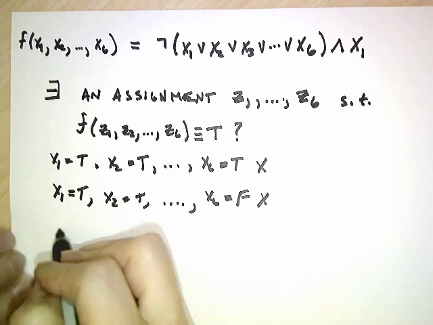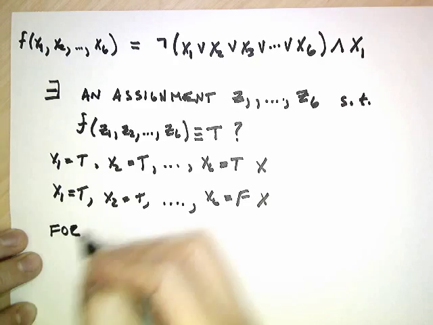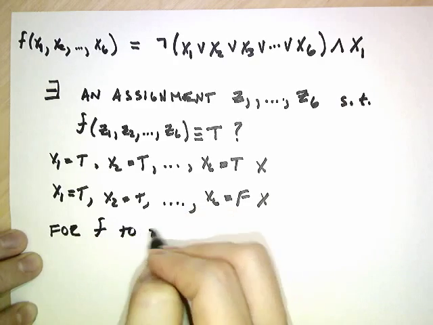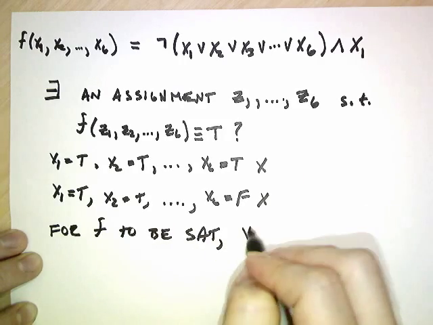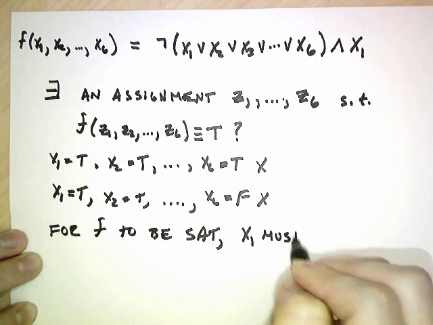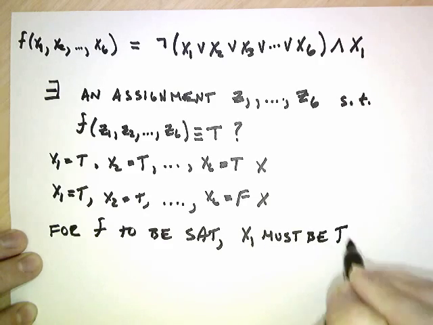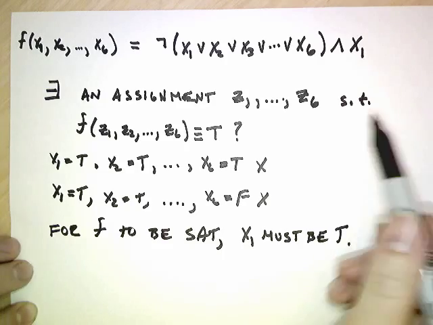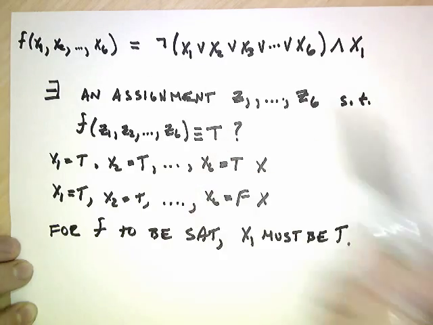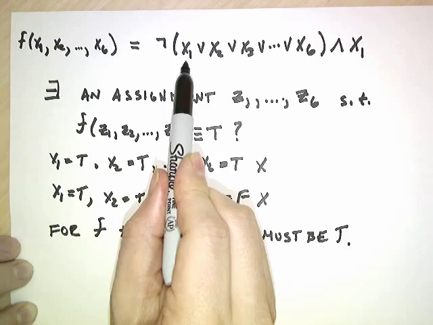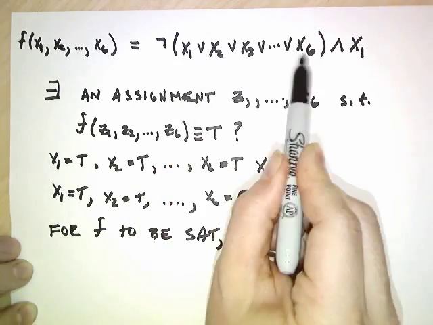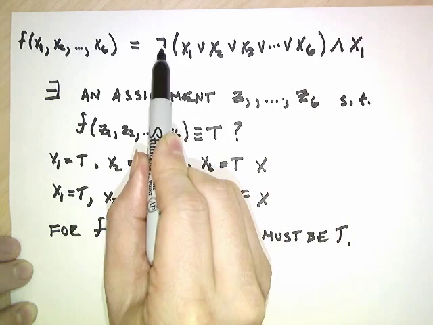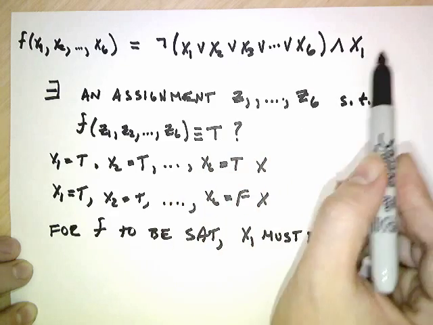So for f to be satisfiable, x1 must be true. We just deduced that, because if it were false, the entire thing would be false. But if x1 is true, it means this inner expression is going to be true, because it will be true or something. Then we'll negate it, and we'll get false. So we'll have false and something else, so it will be false.